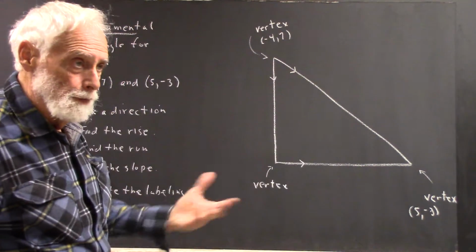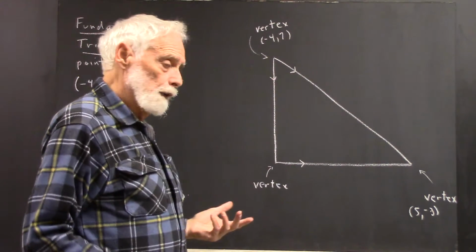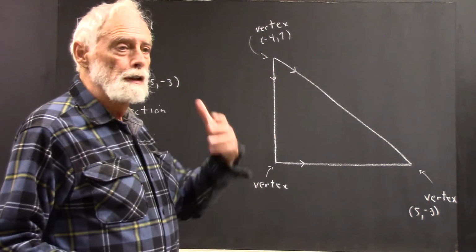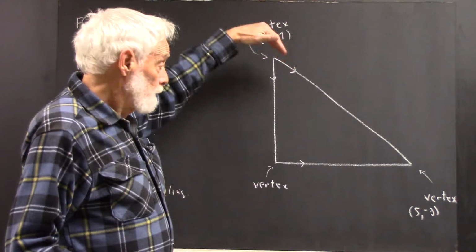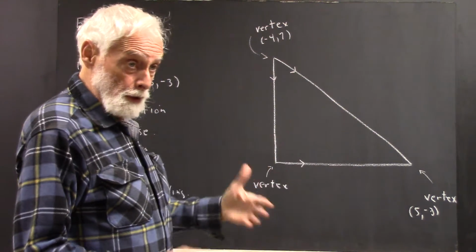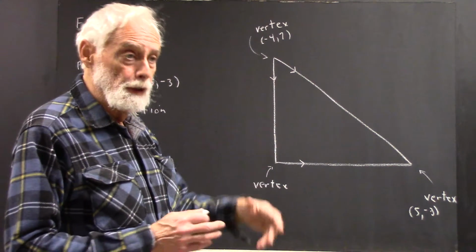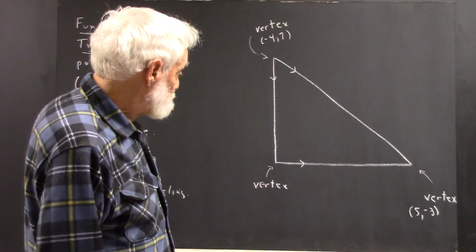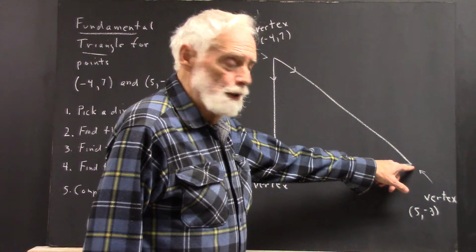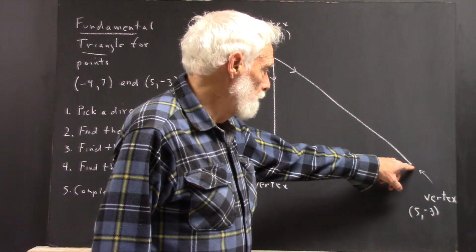Another aspect of fundamental triangles, if you read the definition carefully, you see that the two sides are the two legs. You have the hypotenuse and two legs. The two legs are parallel to the coordinate axes, one to the x-axis, one to the y-axis. So I chose to make the leg parallel to the x-axis.